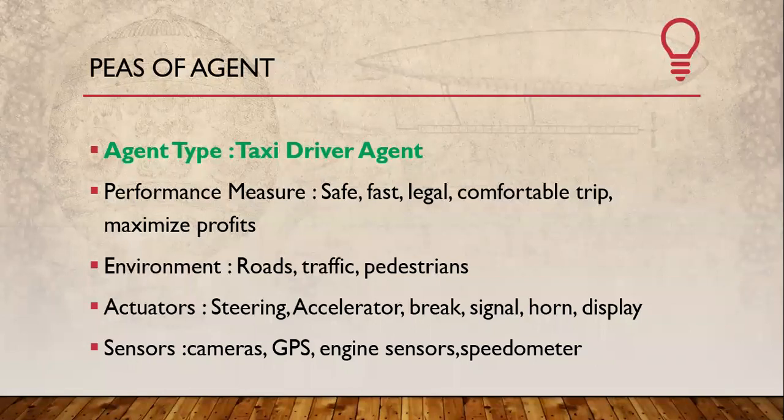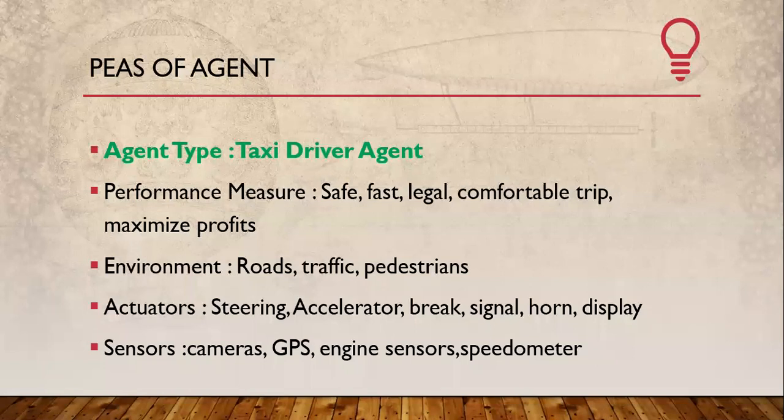And there is also a priority on which performance measure is more important when it comes to the working of the agent. So if we talk about the taxi driver agent, the performance measures are a safe, fast, legal, comfortable trip, and maximize profits.